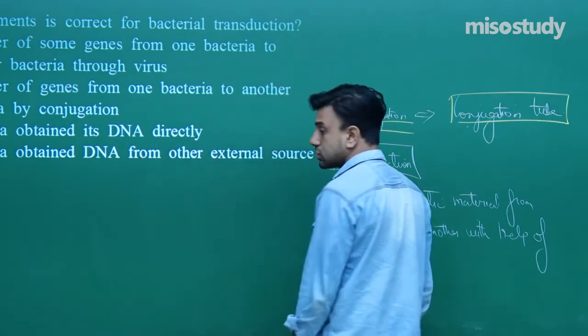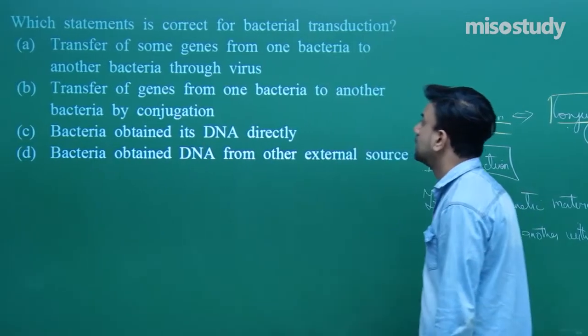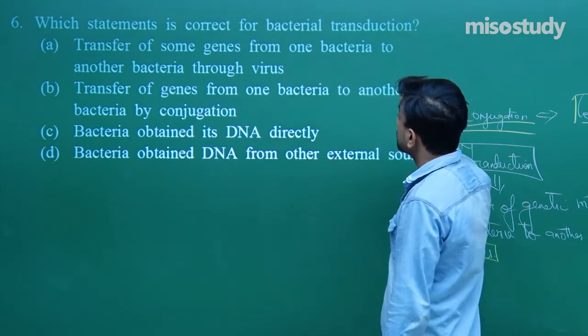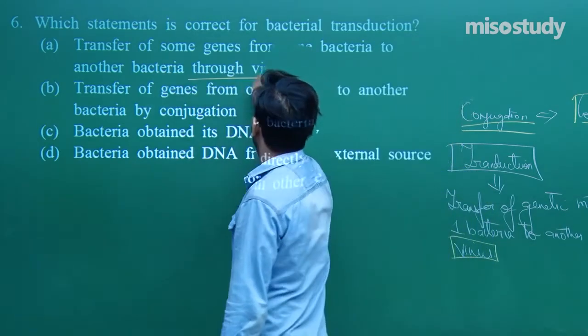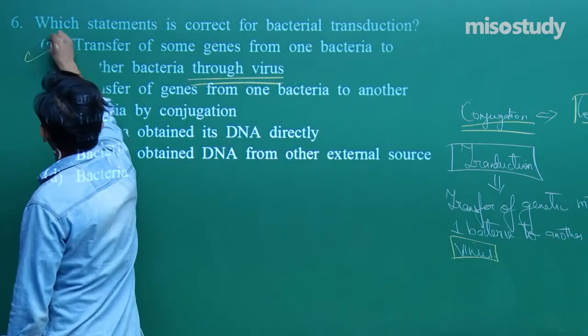So conjugation takes place in the presence of a conjugation tube, and here we see the transfer of some genes from one bacteria to another bacteria through the virus. Hence, this will be the correct option.